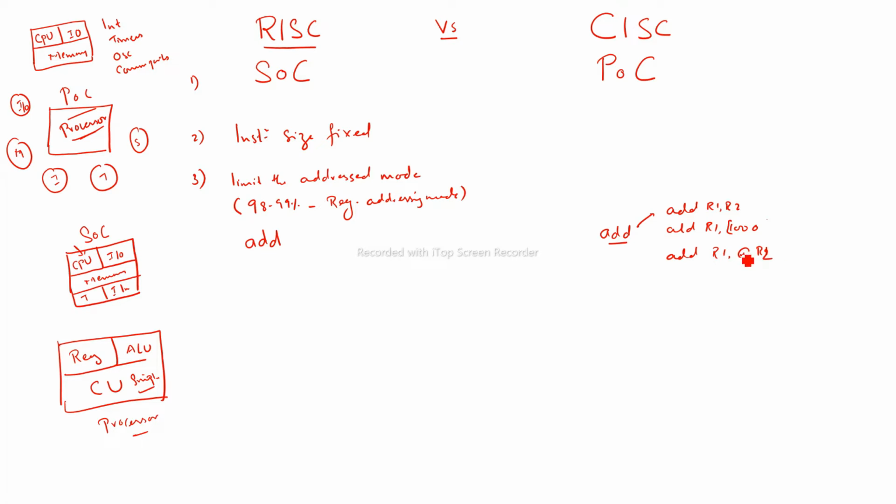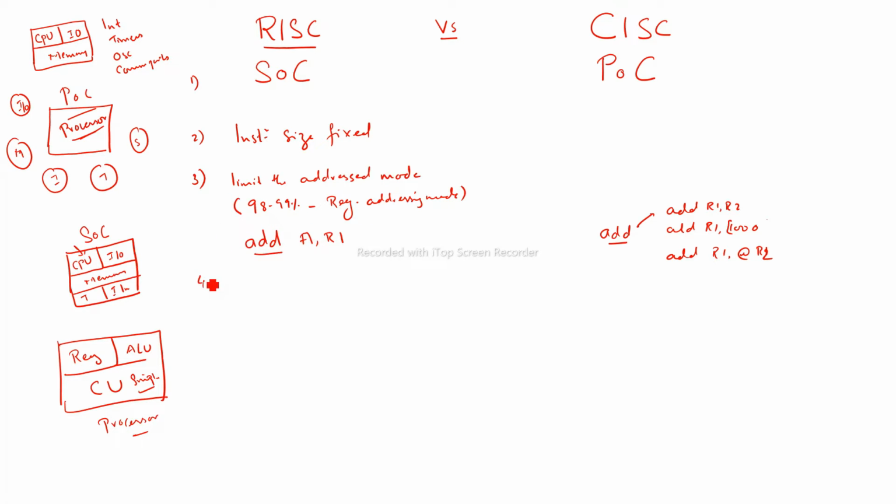So these are various addressing modes where we can fetch the operands from memory. But in the reduced instruction set computer, the add instruction supports only the register addressing mode. The other addressing modes are not supported in the reduced instruction set, thereby reducing the number of addressing modes. Actually, we are not reducing the functionality; we are reducing the addressing modes that are supported for the instructions.